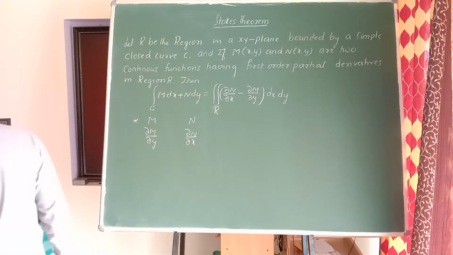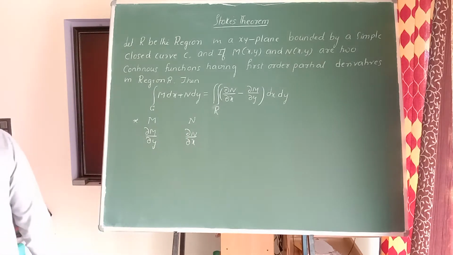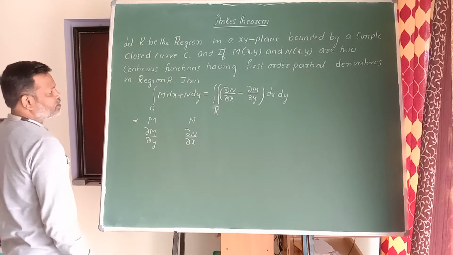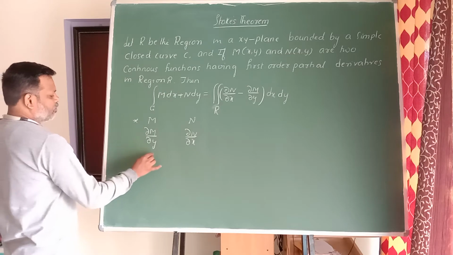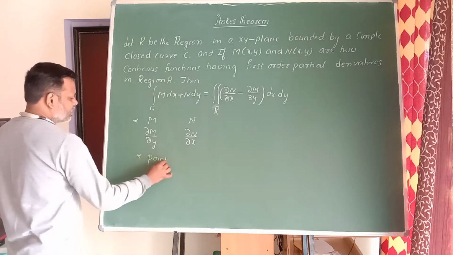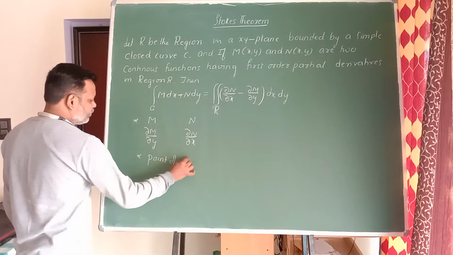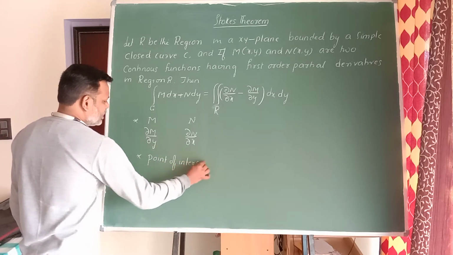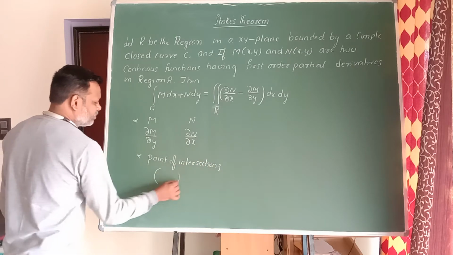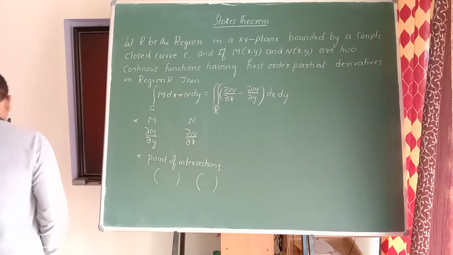And further, what to do here? After getting this, consider the two given curves and find the points of intersection. Here you are going to find two points of intersection.